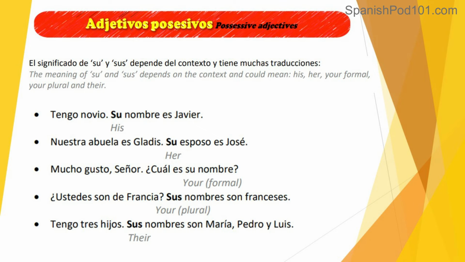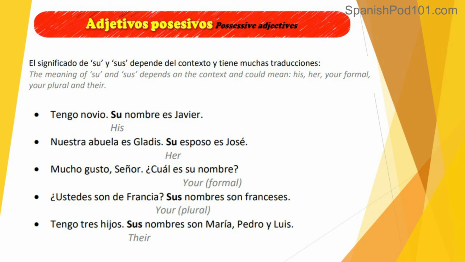It means your. Ustedes son de Francia. Sus nombres son franceses. As you can see here, in context, we have ustedes. So we know that sus nombres son franceses, your names are French. Are you from France? Yes. We know that your names would be sus in this case.